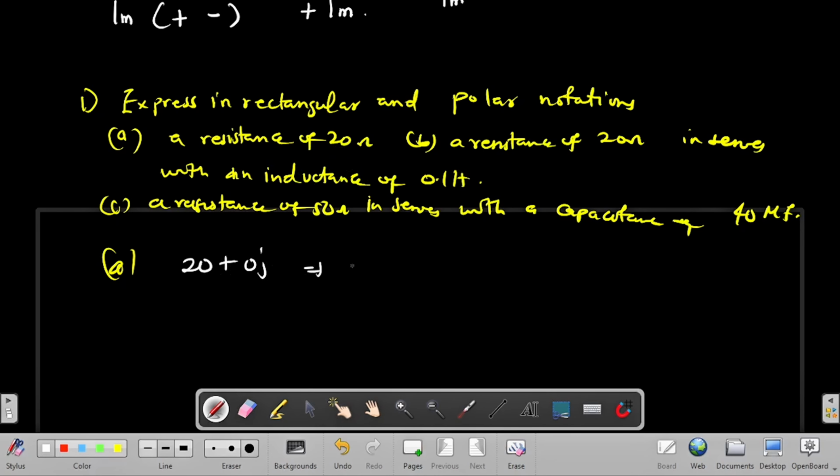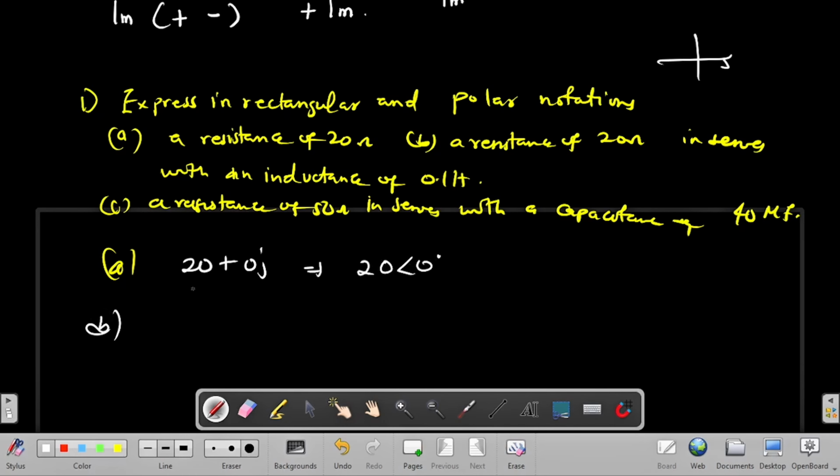For the polar notation, since it is purely resistive, remember that on the Argand diagram, if you have a number falling on the real axis, it doesn't have any argument. The argument becomes zero, because it is parallel to the positive real axis. So here our angle, which is the argument, becomes 0 degrees. As simple as that.